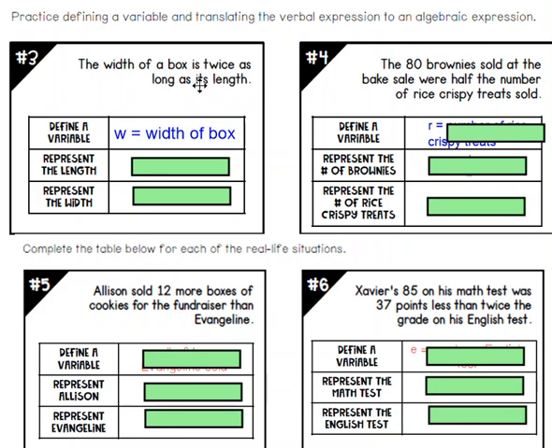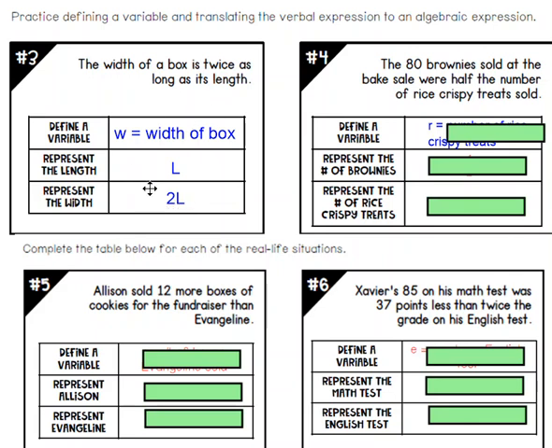We know that it's twice as long as the length. So the length then, we would just use L for length. So if the width is twice as long as its length, well, what happens if we have twice L? If we have double L? That kind of tells me that the width is the length doubled, or 2 times the length.